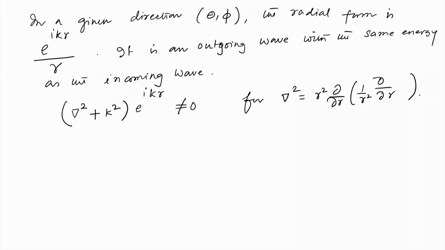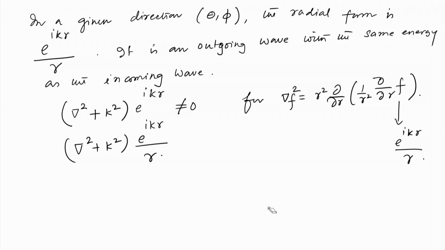However, this is equal to 0, which you should be able to see very trivially if you simply put here, we will write del square f, and this is f. If you put exponential i k r by r, then this is equal to 0.